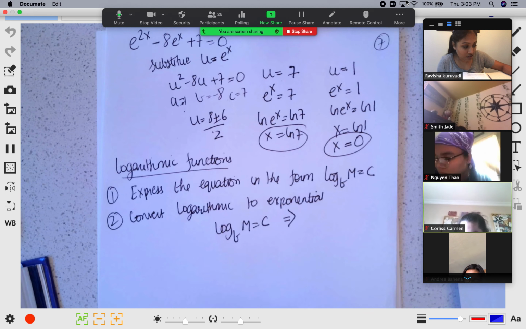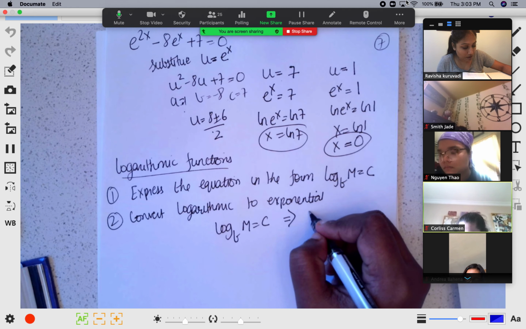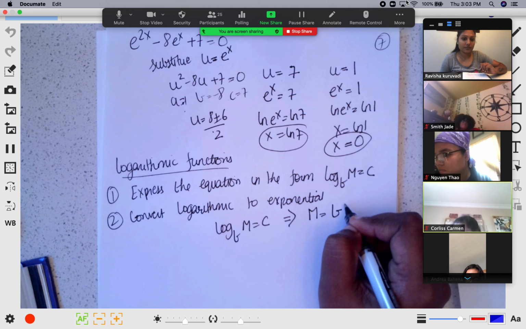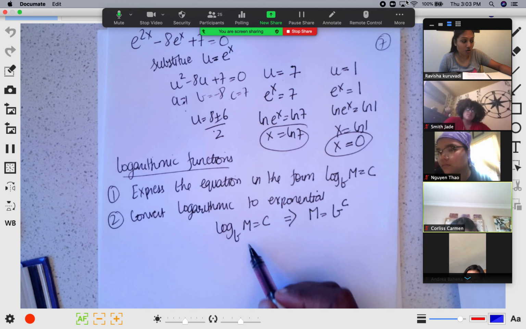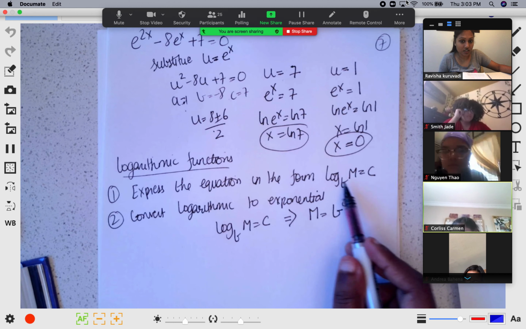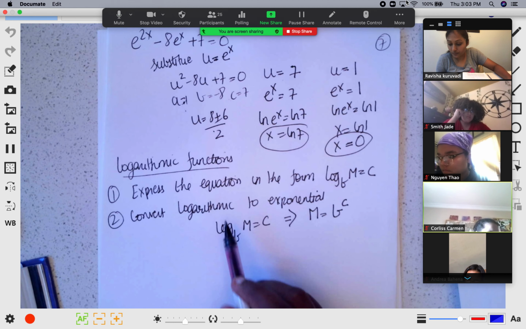We already did this. Take this base to the other side and it will go in the power, and it will become m is equal to b to the power of c. That's how you convert. So once you have the log on one side and the constant on the other side, you convert logarithmic to exponential.